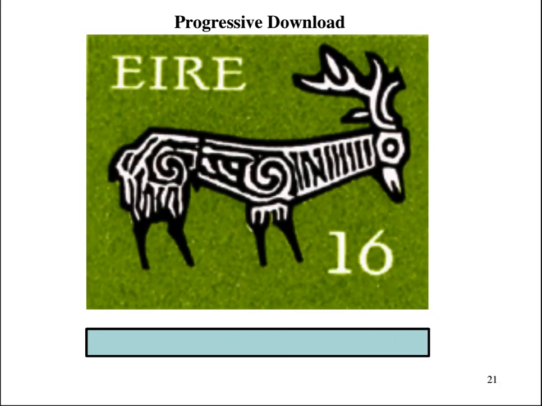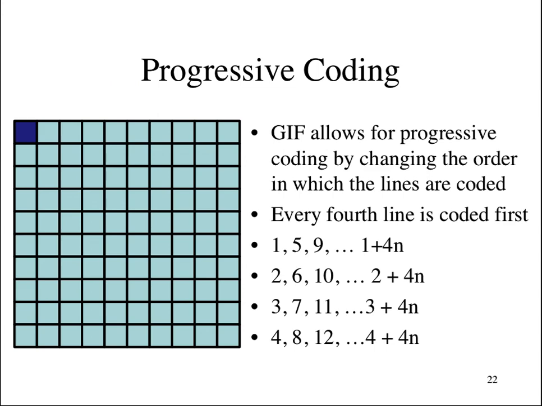Now, how does GIF do that? It turns out it's actually clever, but not terribly sophisticated. It's actually quite easy to understand. Under normal circumstances, you would expect GIF to code pixel by pixel like that, right?